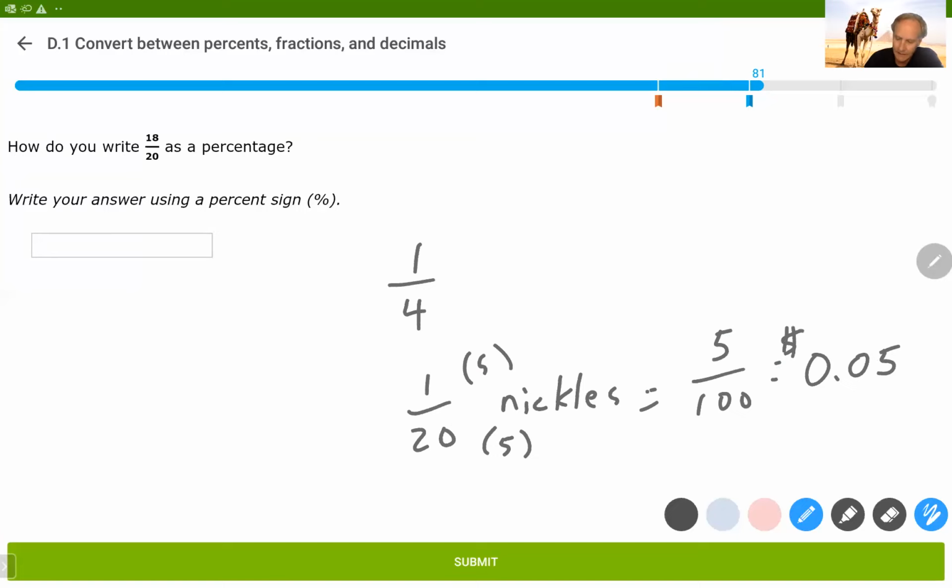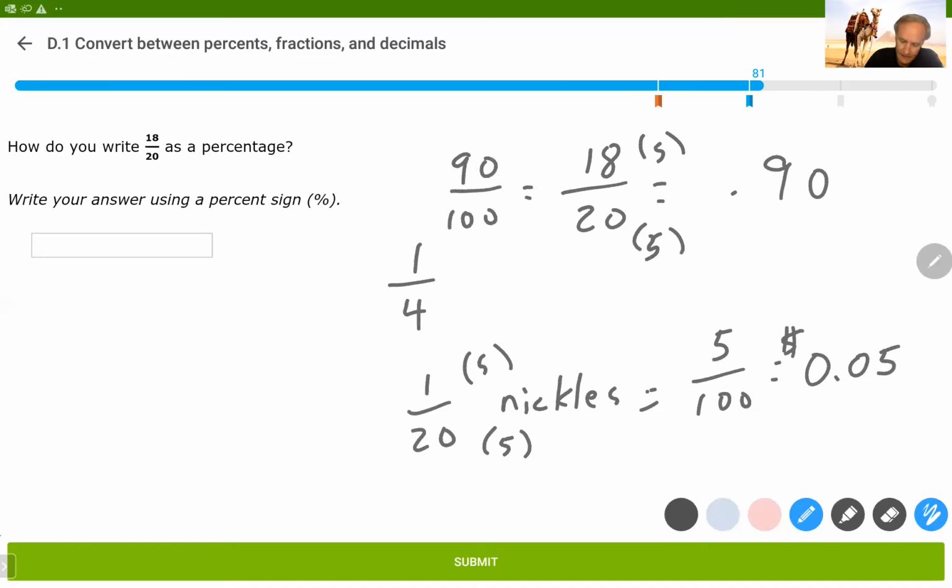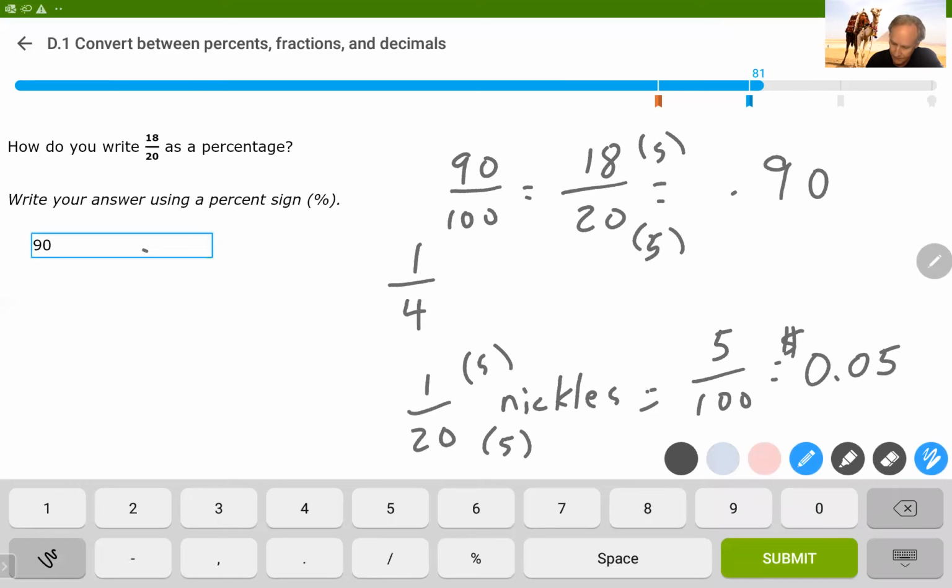Since I want 18/20, I'm 2 short of $1. 2 nickels short of $1 is 90 cents. You could, if you want, multiply by 5 in the numerator and denominator, and you'd also get 90 over 100. Lots of ways of thinking about it. This is, of course, 90%.